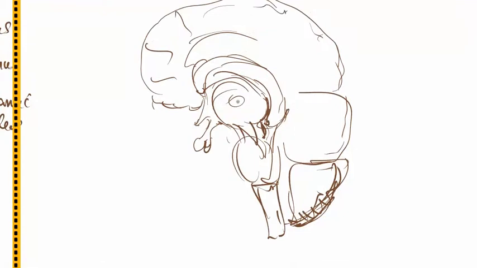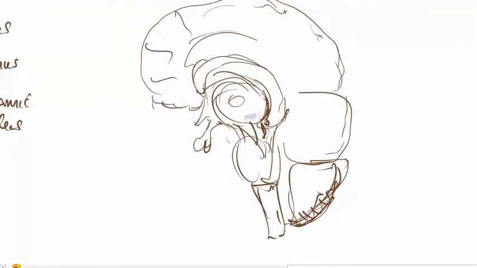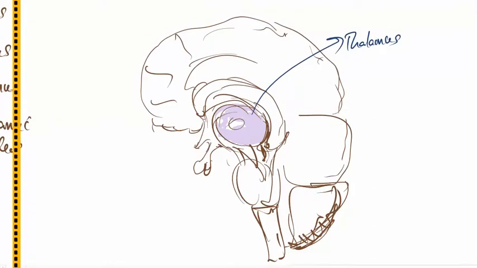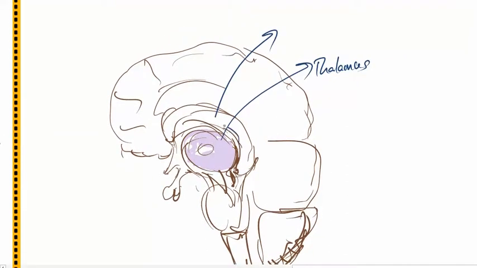All right, looking at this here, so roughly the thalamus would be here. So around here, you have the thalamus. Okay, so what would this be? I know you guys probably know this. All right, so your corpus callosum.